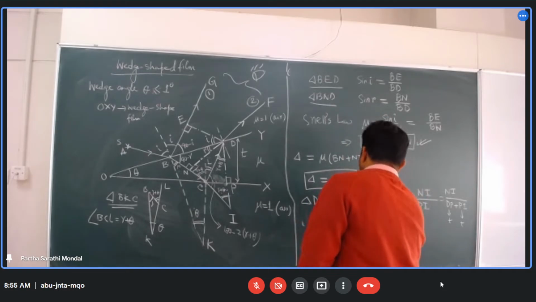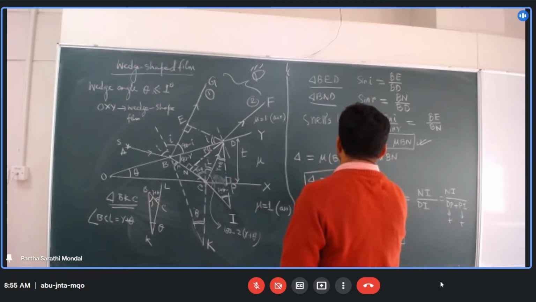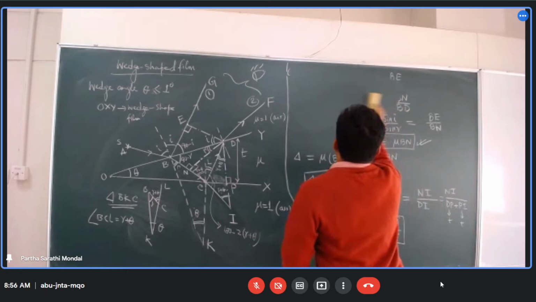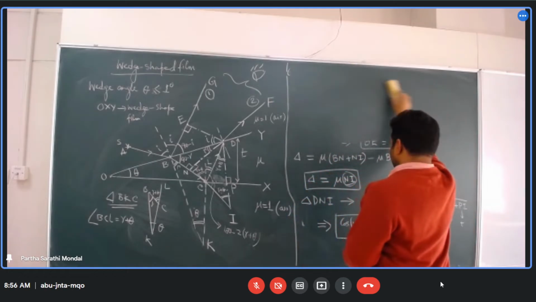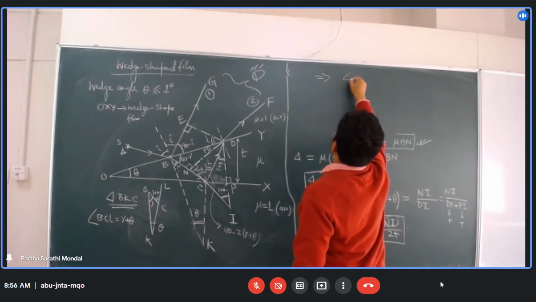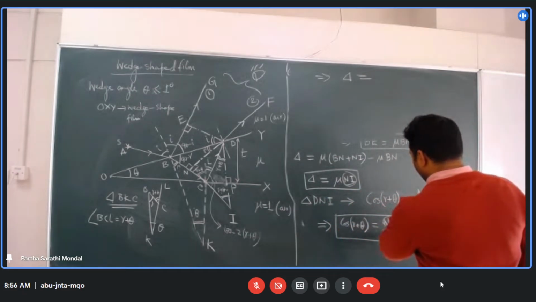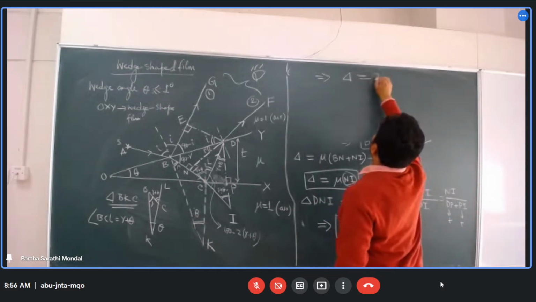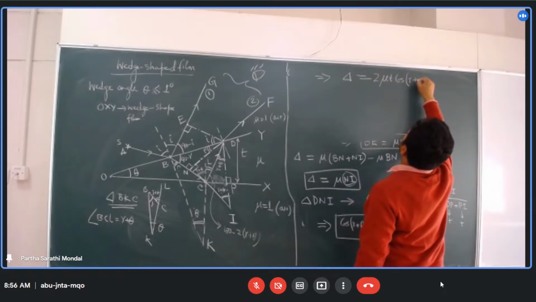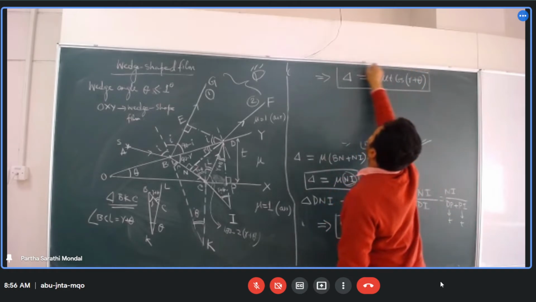Now if I put the value of NI from these two equations, you will get the path difference. So delta will become, if I compare these two, mu NI means 2 mu t cos of r plus theta. So this is your path difference.